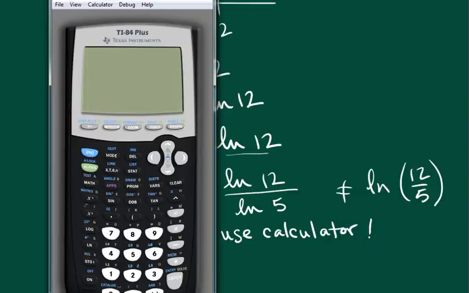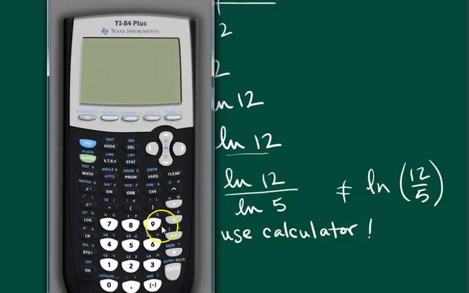Okay. Here's the calculator. So, what I need is the log of 12, close paren, divided by the log of 5. And I do get a number somewhere between 1 and 2. I'm going to store that number in x so that I can check this result.